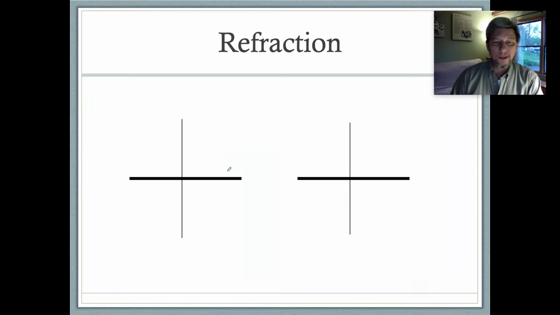This deep, thick black line is the boundary, and this represents a normal line.